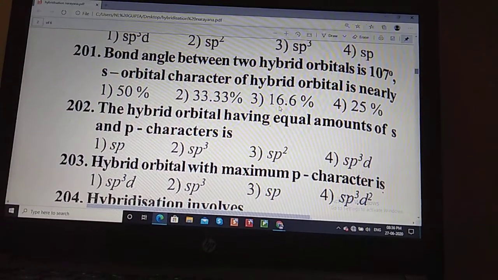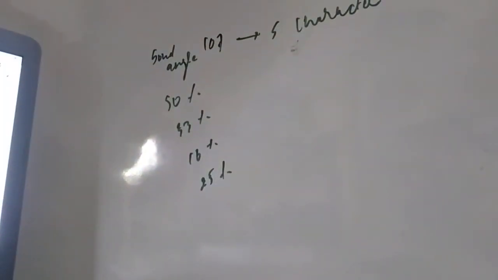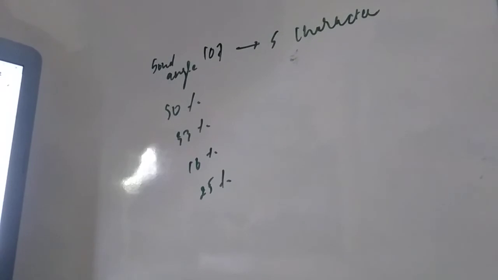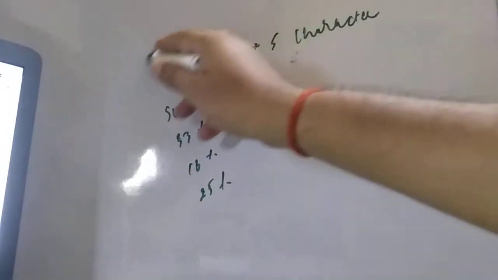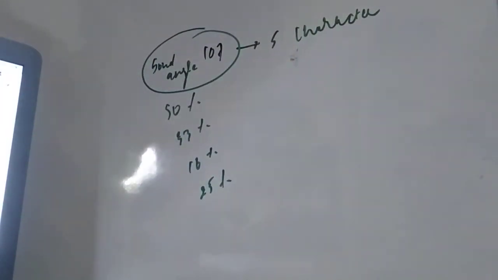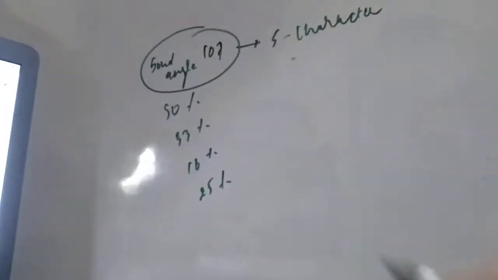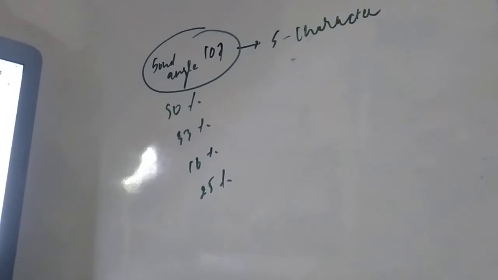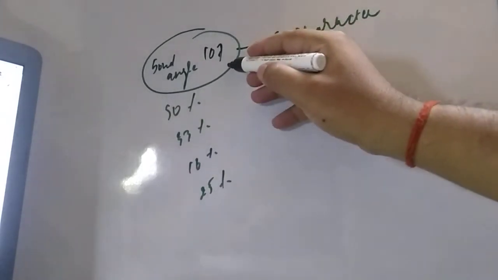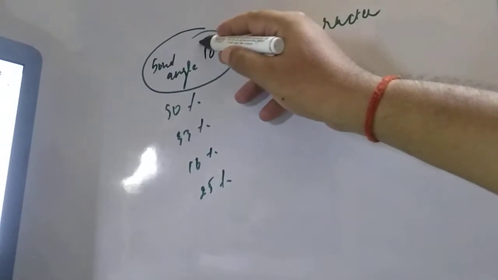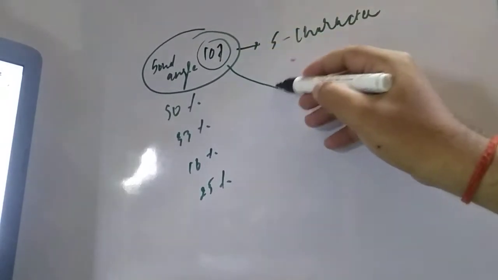Come on the board for better understanding. They have given one question. The bond angle they are saying is 107 degrees, and they are talking about s character. So you check, at 107 degrees, what kind of hybridization will be there?